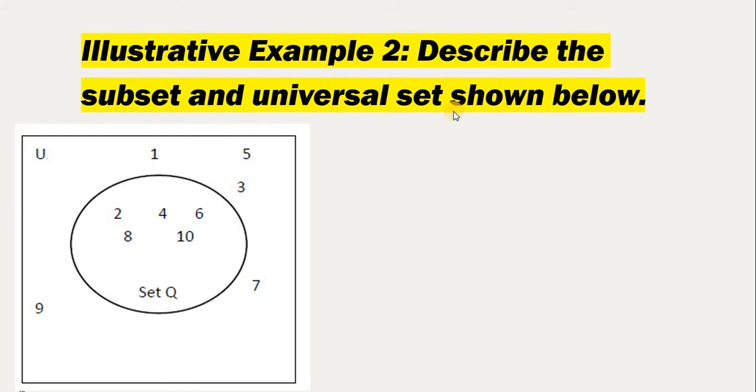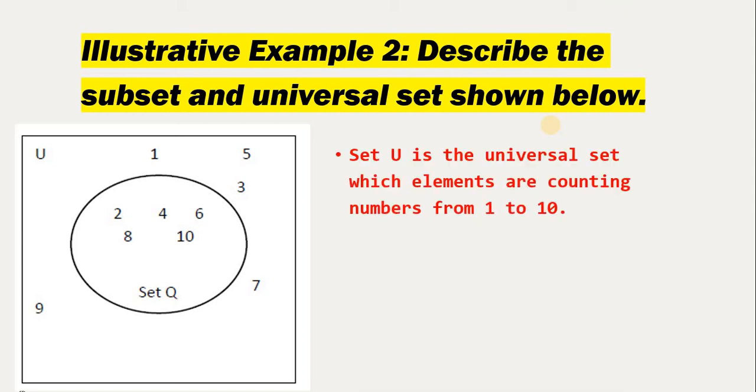Describe the subset and universal set shown below. Since we have already defined the subset and universal set, now let's have an example. So, ito yung example natin, describe natin. Ano yung set U? Okay, yung U, which stands for the universal set. So, set U is the universal set which elements are counting numbers from 1 to 10. So, yung sa universal set, kasama ito itong set Q. Okay?